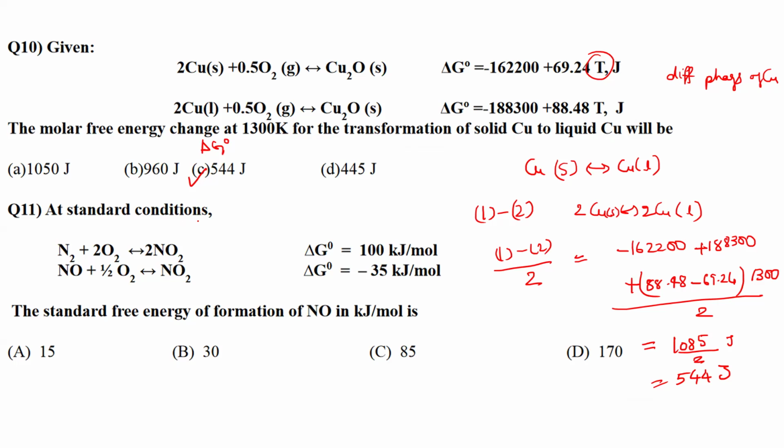At standard conditions, N2 plus 2O2 gives 2NO2 and NO plus half O2 gives NO2.